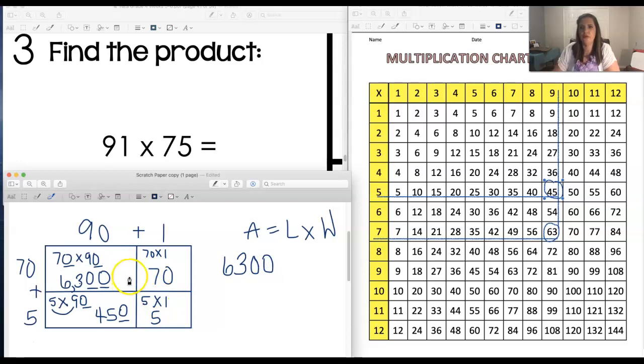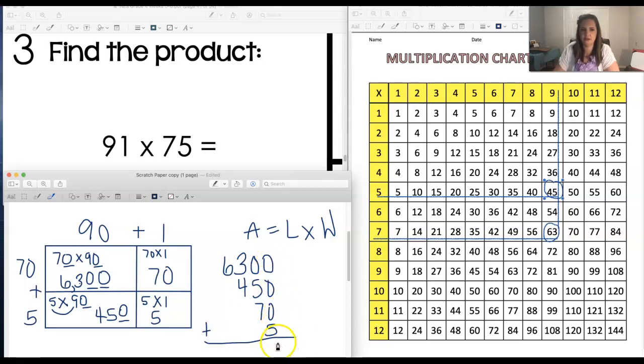We know that when we add numbers together, it doesn't matter the order, and it's easiest if you put the largest numbers on the top. So I'm going to put 6,300 on the top, and then 450. And then I'm going to write this number, 70, and then the answer in this box, 5. And then I'll add them together.